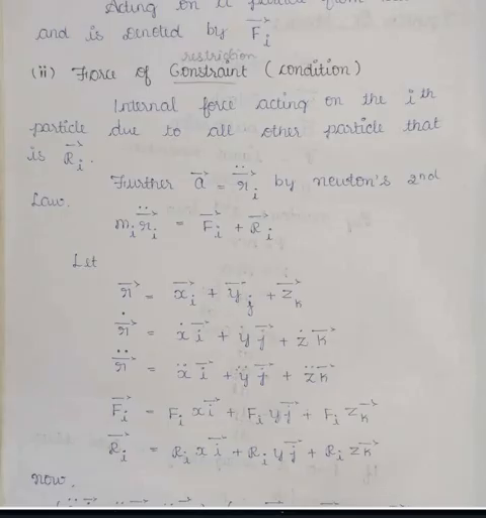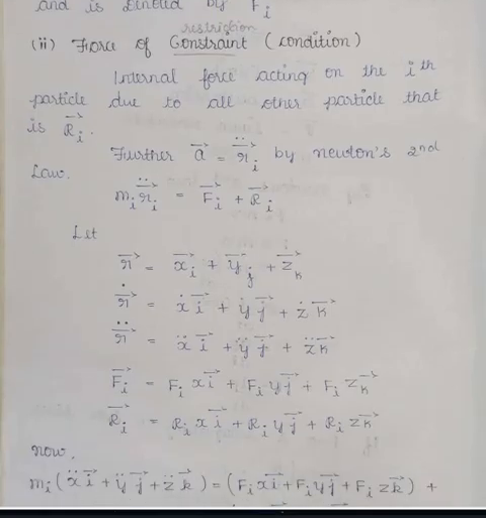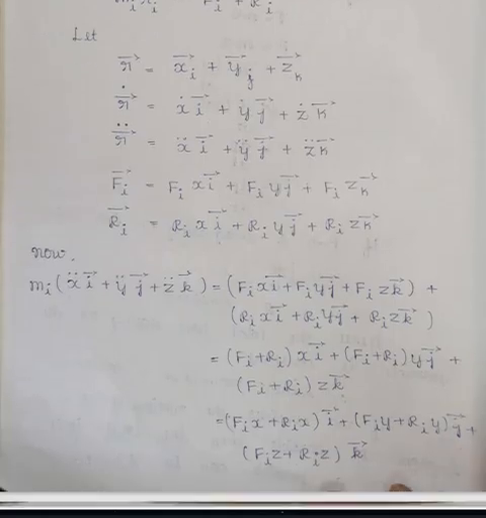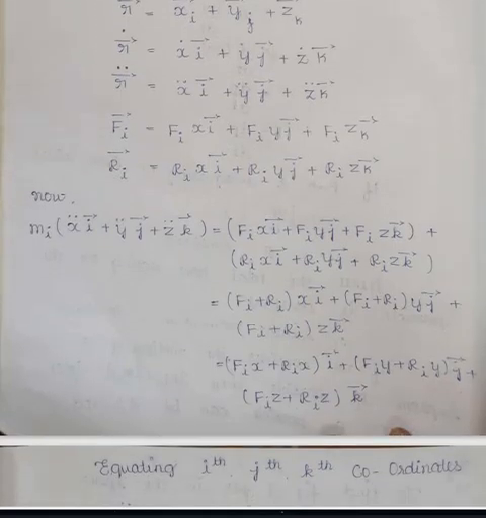We can consider r vector equal to x i vector plus y j vector plus z k vector. R dot equals x dot i vector plus y dot j vector plus z dot k vector. R double dot equals x double dot i vector plus y double dot j vector plus z double dot k vector. Fi vector equals Fix i vector plus Fiy j vector plus Fiz k vector. Ri vector equals Rix i vector plus Riy j vector plus Riz k vector.